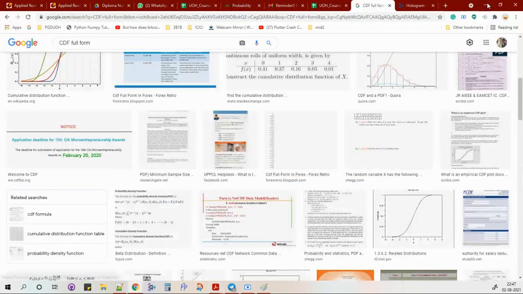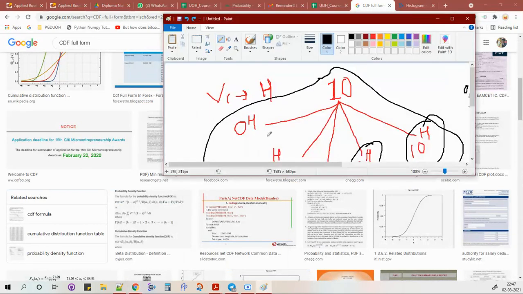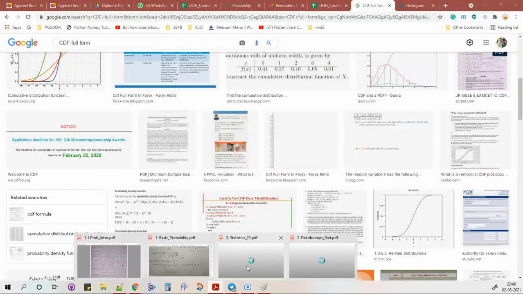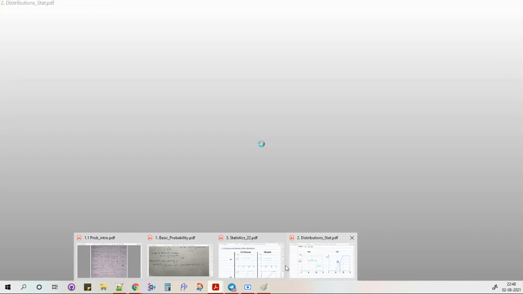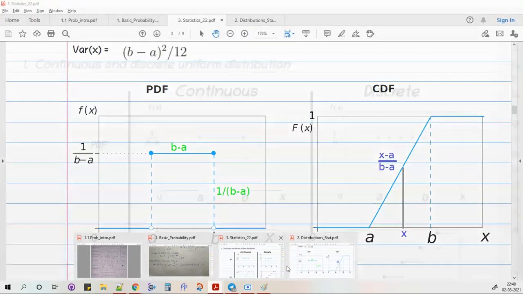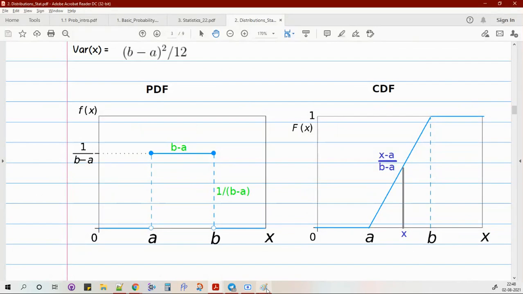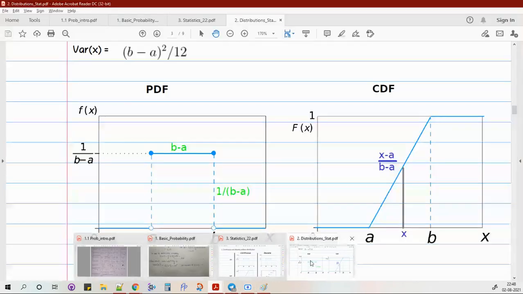And the y-axis is not the probability, right? It's a PDF. So that 1 by b minus a and 1 by n is a value, right? In case of PDF, just let me think for a minute.